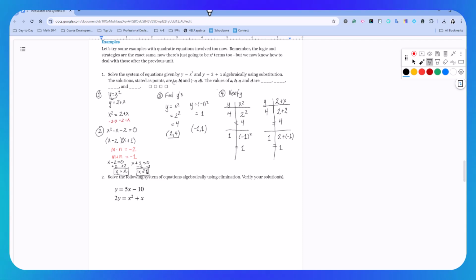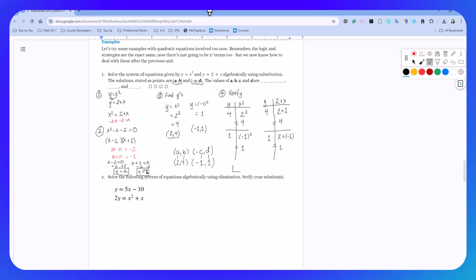Now, in the instructions here, this would be as if it were a numeric response type question. Notice we have A, B, negative C, and D. Well, in this format of A, B, negative C and D, if we compare our two solutions, 2 and 4, and negative 1 and 1, notice that A must equal 2, B must equal 4, C equals the positive 1 because we already have this negative in front, and D equals 1.